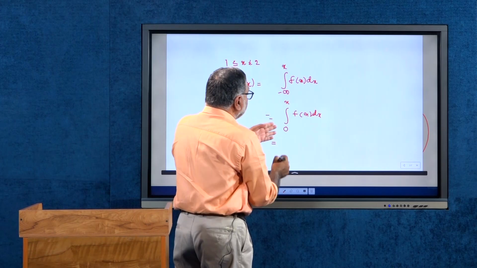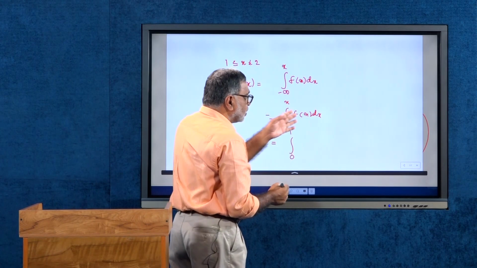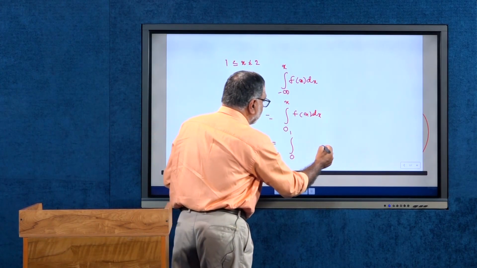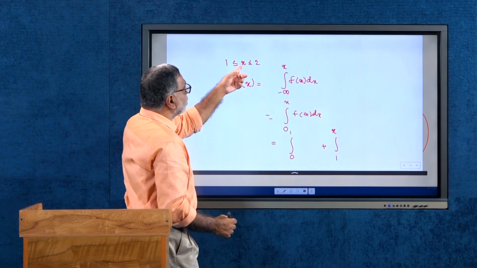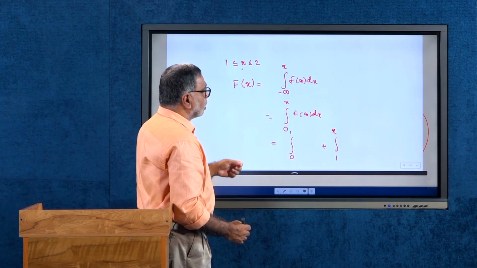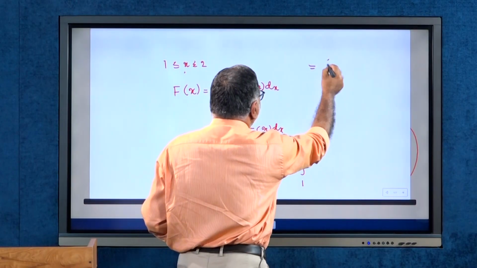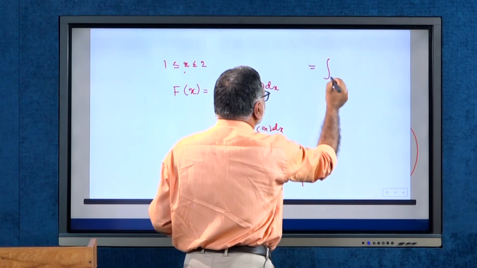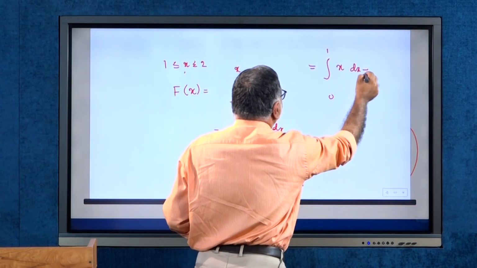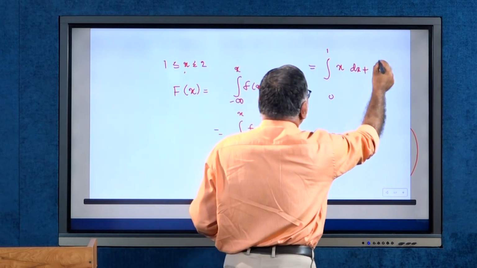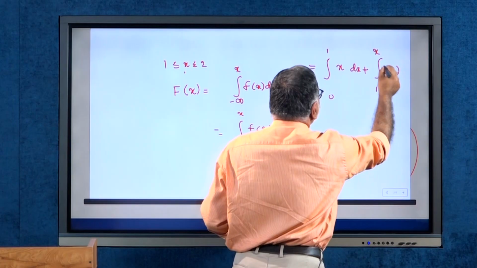And we have to split this integral into 0 to 1, because the function is defined like this, plus 1 to x, because x is a value larger than 1. So, that is equal to the integral from 0 to 1, in which range we have the function value x, plus the integral from 1 to x, in which range the function value is 2 minus x.